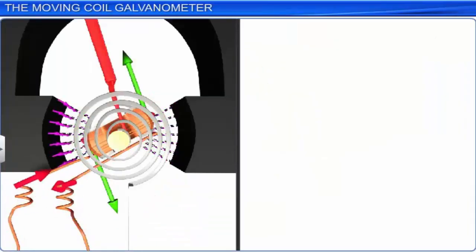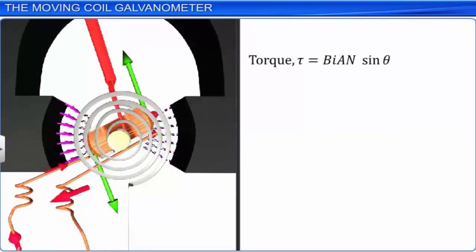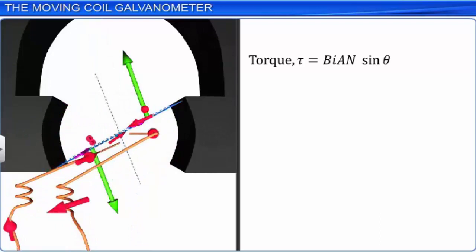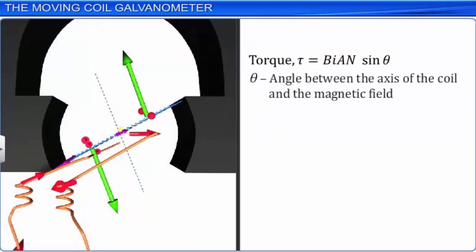As you learnt earlier, the torque acting on the coil, τ, is equal to BIAN sin theta, where theta is the angle between the axis of the coil and the magnetic field. Here, theta is 90 degrees.